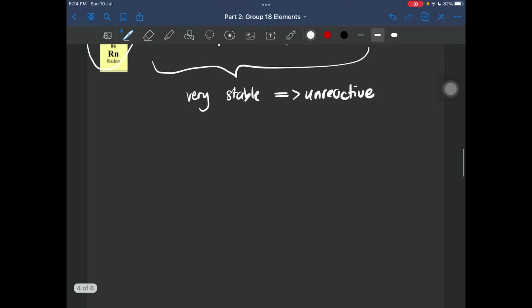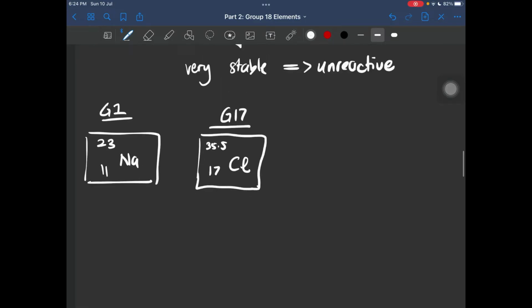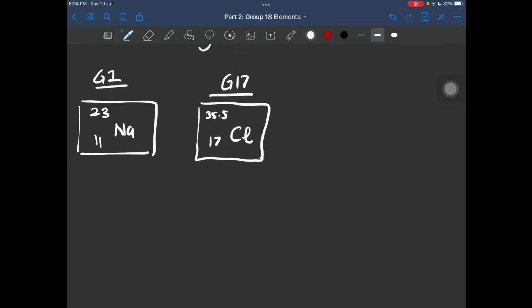Let's say we have an element from group 1, which is sodium, and another element from group 17, chlorine. These elements are not from group 18, which means they are reactive, because they have not achieved stable electron arrangement.